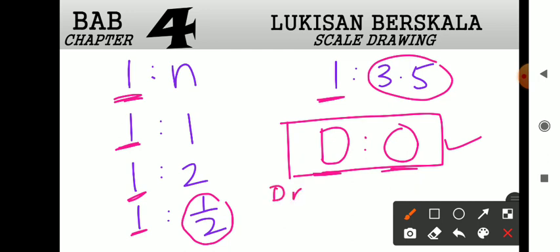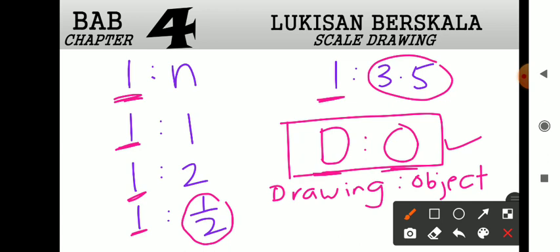Okay, ini drawing. O stands for the object or the original object. Drawing can be in the form of map or your drawing. Okay. Drawing macam itulah drawing something on paper.